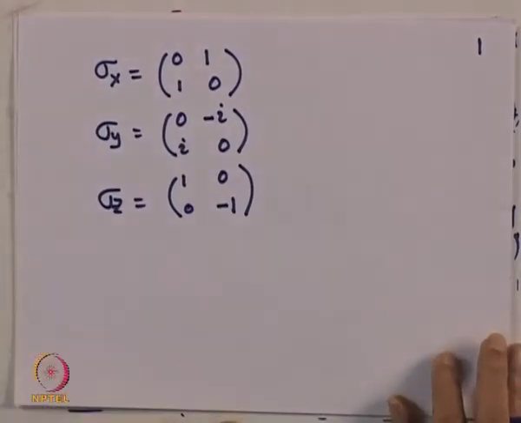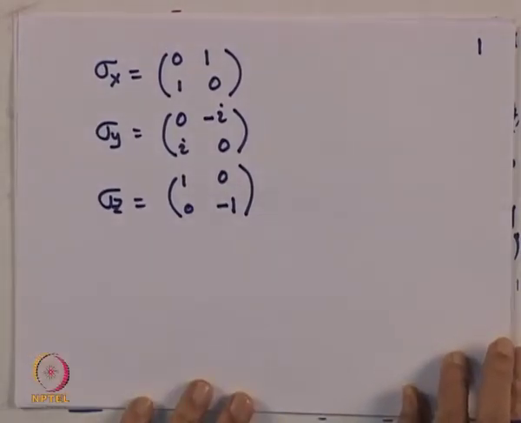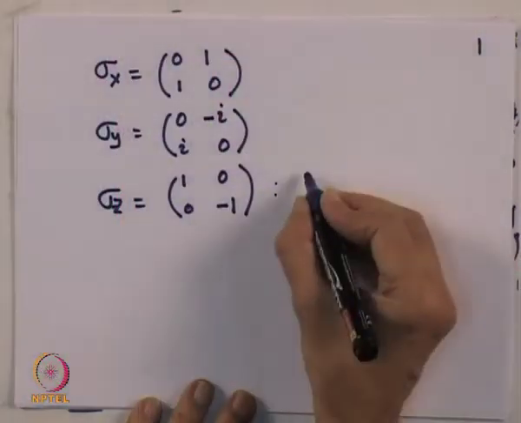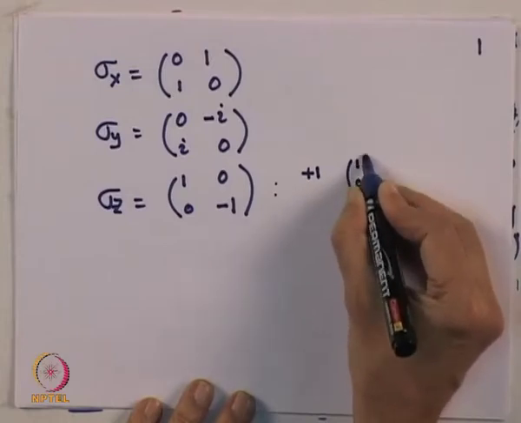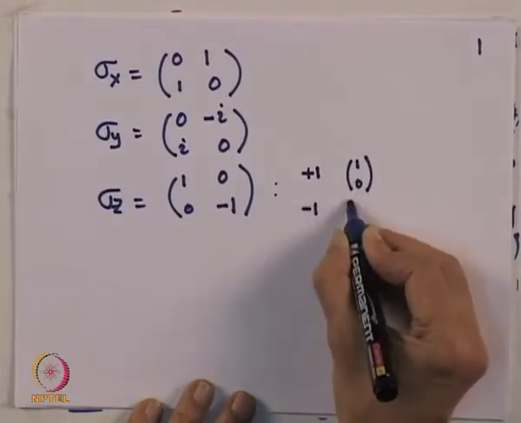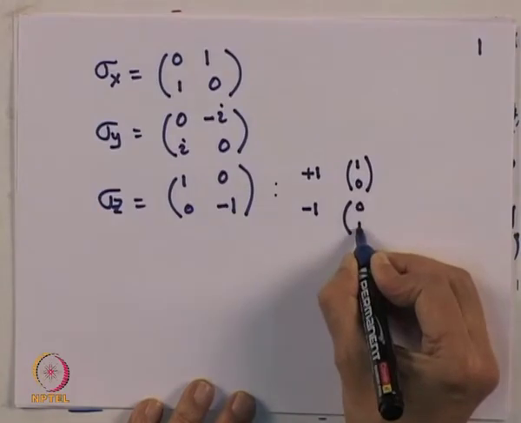Each one of these has an eigenvalue plus 1 or minus 1. For example, sigma z has an eigenvalue plus 1 corresponding to the state (1, 0) and an eigenvalue minus 1 corresponding to the state (0, 1).